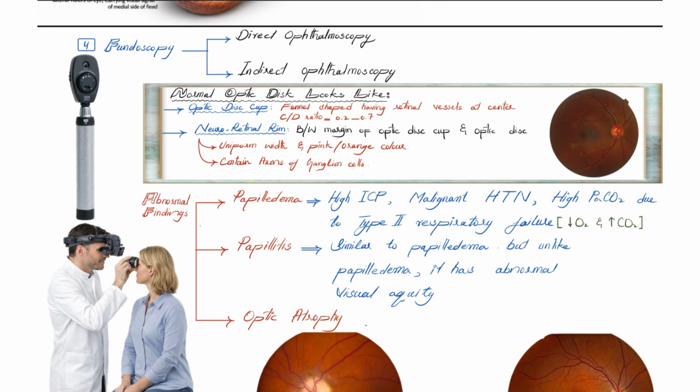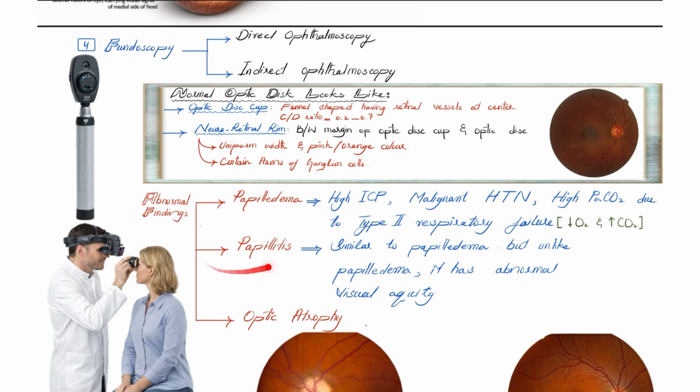While in type 1 respiratory failure, there is low oxygen saturation and either normal or low carbon dioxide. So type 2 respiratory failure is caused by a problem in exhalation of carbon dioxide, while in type 1 respiratory failure there is a problem with alveolar gaseous exchange.